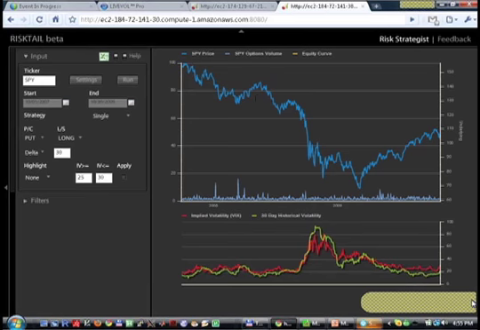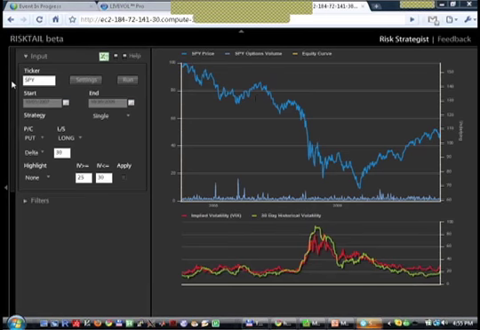All right, so I'm now going to run a simple strategy that will be basically selling iron condors on the SPY. And this is the Risktail beta platform that we're currently developing.